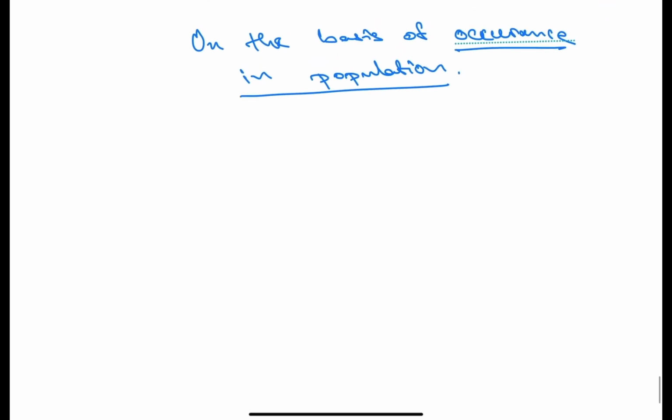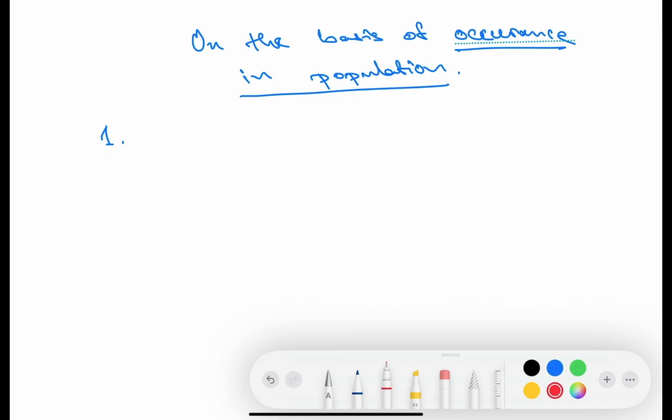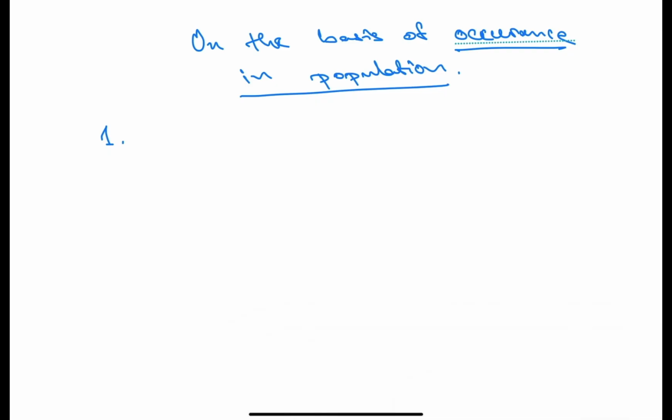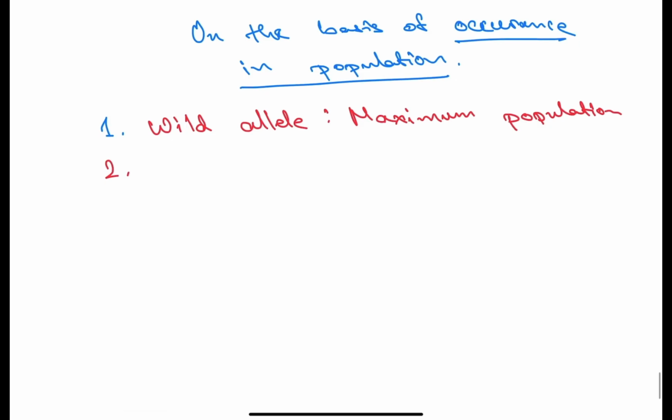Number one is the wild allele, that shows maximum occurrence in the population. Number two is the polymorphic allele.